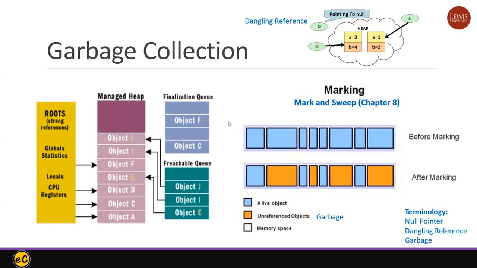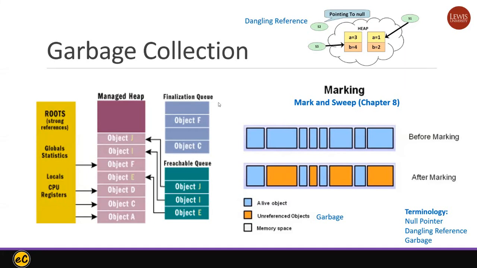For those unreferenced objects, if no one is referencing them, those objects will be collected. This happens in Python, in Java, and in JavaScript, but C++ does not have garbage collection. C# has garbage collection.